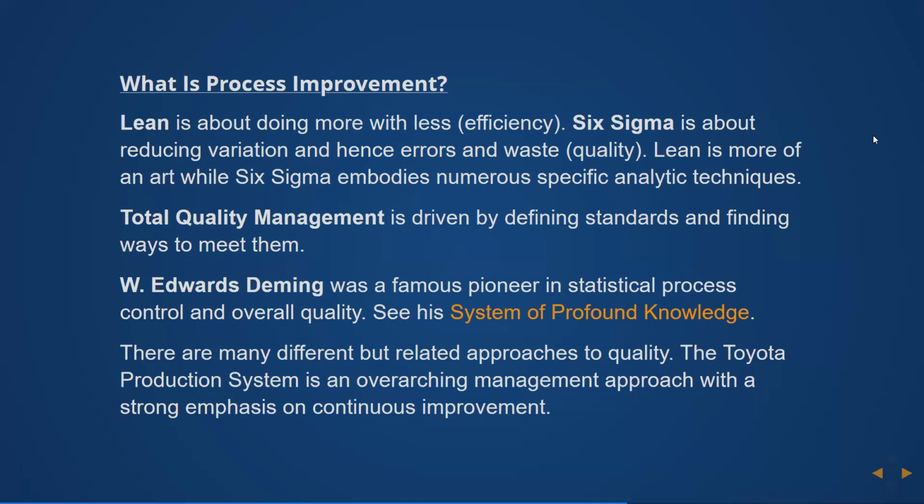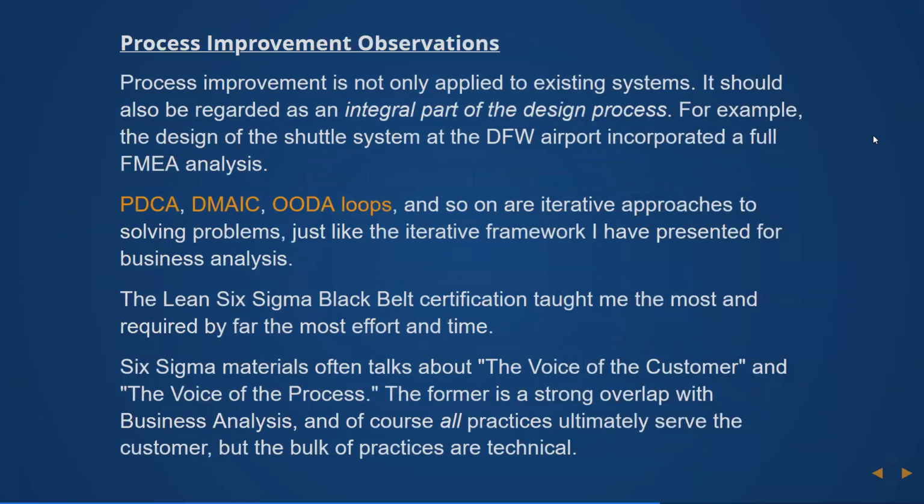He was one of many famous people in the field. Also, the Toyota production system is an overarching management approach, but it's real big on quality and it's known for that almost above anything else.